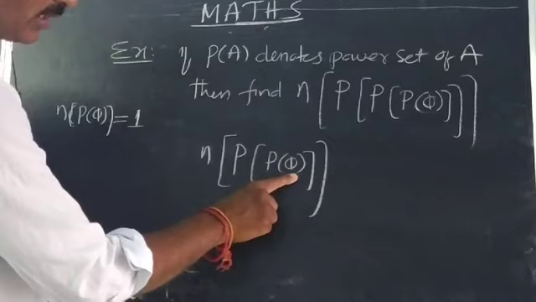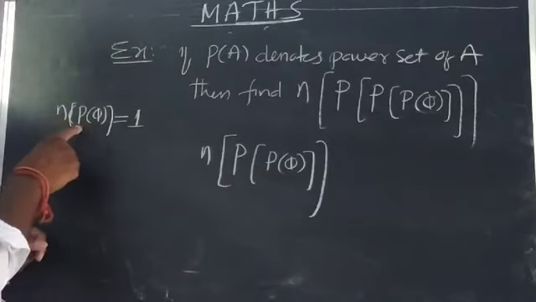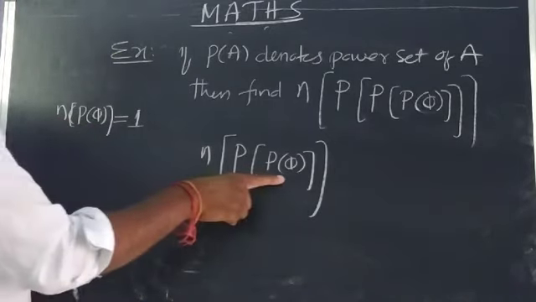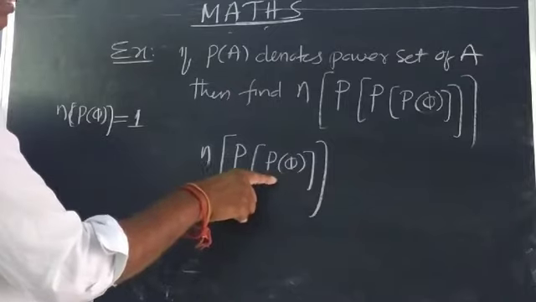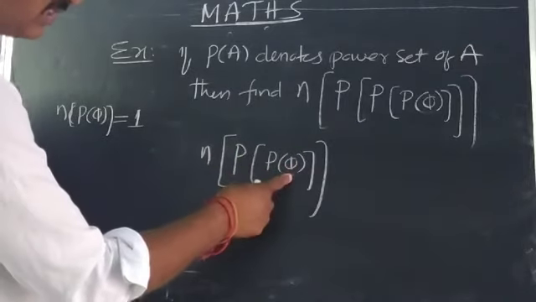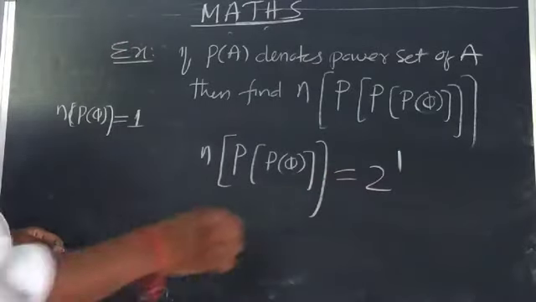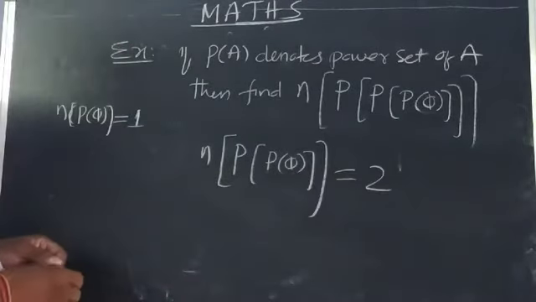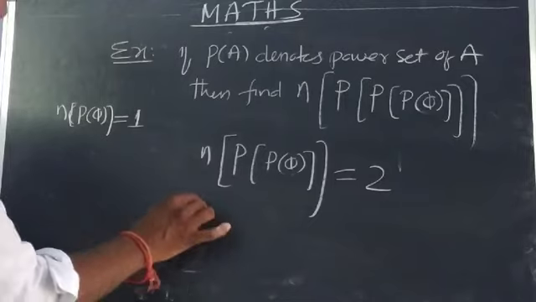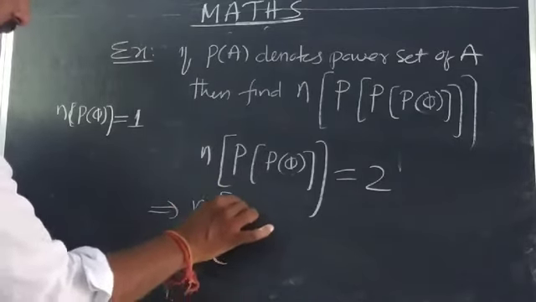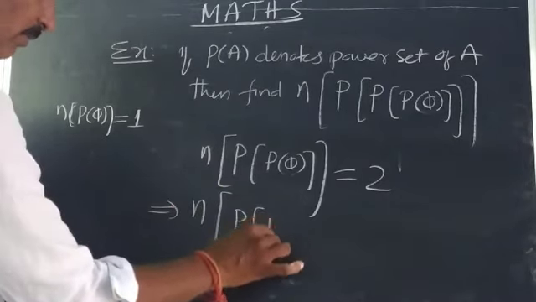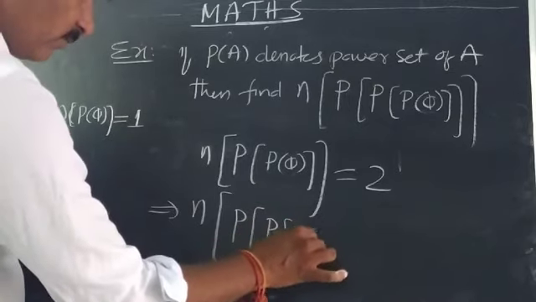In this set we know the number of elements is 1. I need the number of elements in the power set of the set. What will you get? 2 power 1, that is nothing but 2. Now I am going to find the number of elements in the power set of P of P of phi.